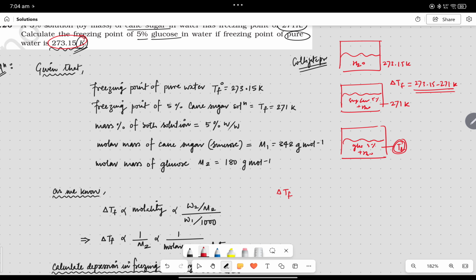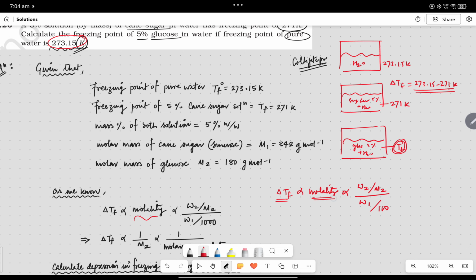Yes, the answer is yes, and it is determined by the relationship that the change in temperature, or the depression, is directly proportional to the molality. And molality is equal to the weight of solute divided by molecular weight of solute, divided by weight of solvent by 1000.